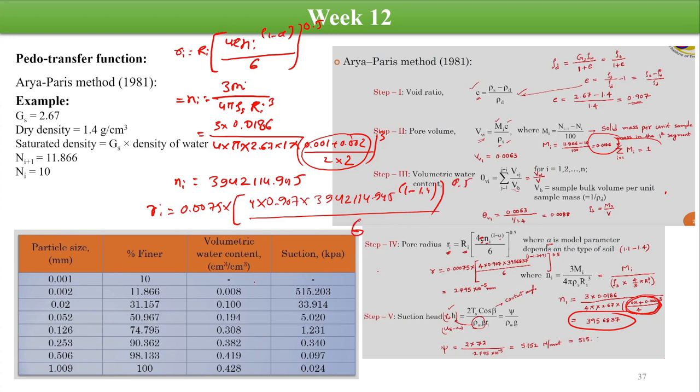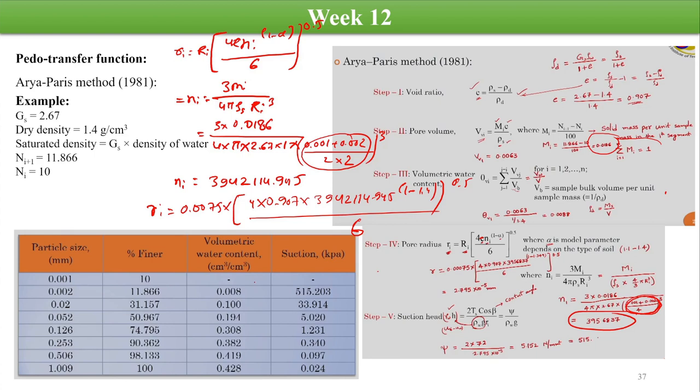Let's calculate how much we are getting. 4 into 0.907. Could you please help me in that one? 3942114.945 multiply and to the power 1 minus 1.4. Okay, this much.